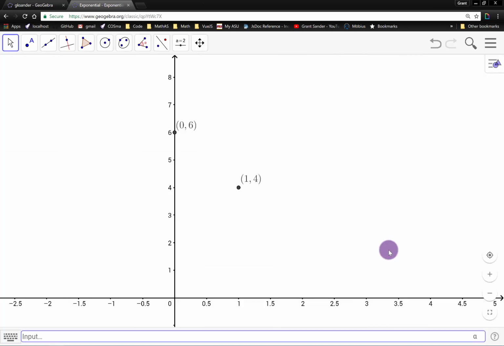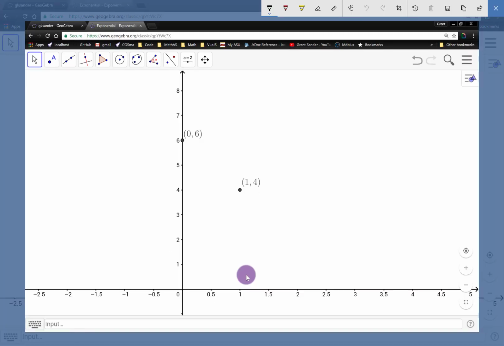Okay, let's look at one last example. We have two ordered pairs, (0, 6) and (1, 4). First we'll assume that a linear function f passes through these 2 points, so that these 2 points satisfy that linear function relationship. So let's think about this. From x equals 0 to x equals 1, that's a change of 1 unit. So delta x is equal to 1.